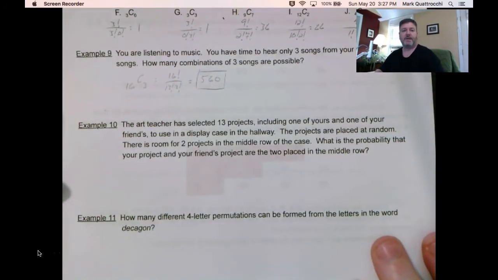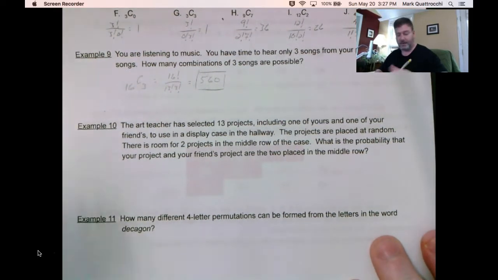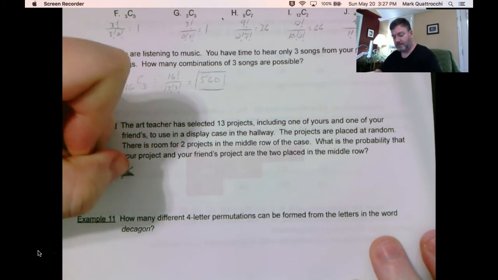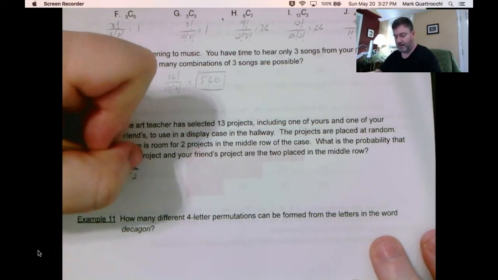Example 10. The art teacher has selected 13 projects, including one of yours and one of your friend's, to use in the display case in the hallway. Projects are placed at random. There is room for 2 projects in the middle row of each case. What is the probability that your project and your friend's project are placed in the middle row? So, there are 13 projects. We're choosing 2 of them.